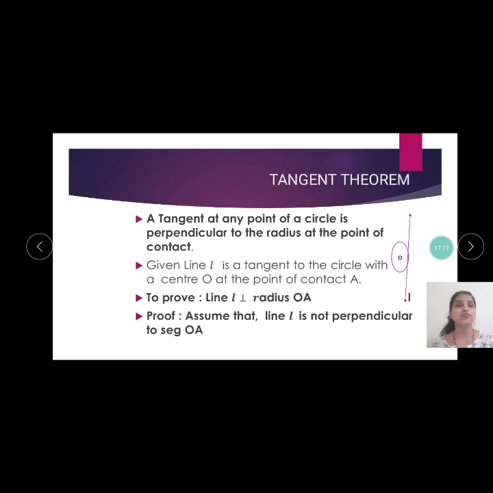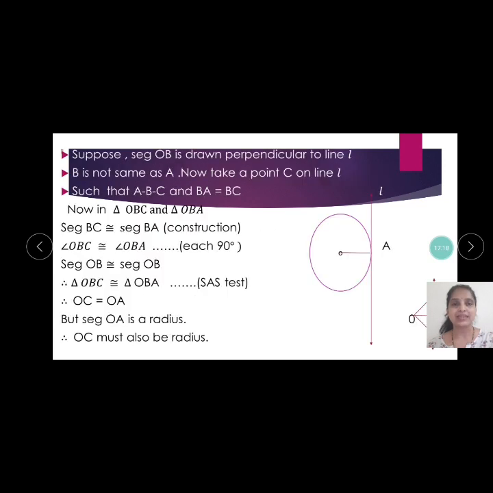Now the proof starts. We assume that the tangent is not perpendicular to the radius. If the tangent is not perpendicular to the radius, then there is some other point from where the perpendicular is drawn, right?